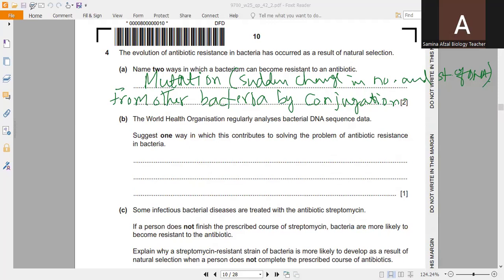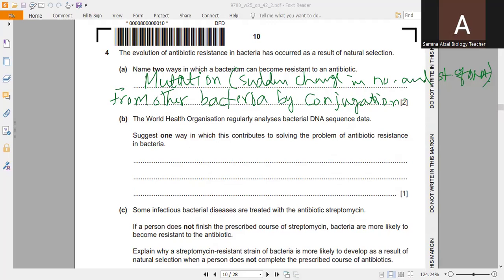So we can identify new targets for drug development by observing how bacterial genomes are evolving. So these are the steps, you can write one step in this.